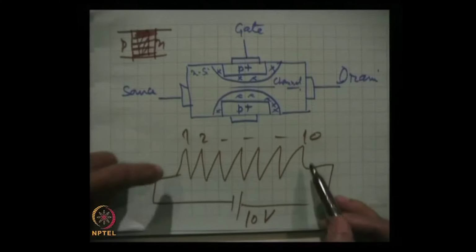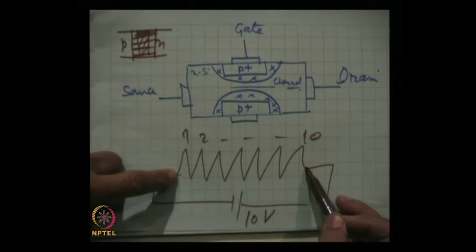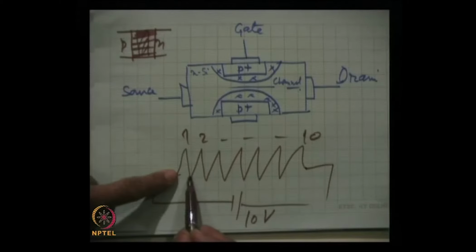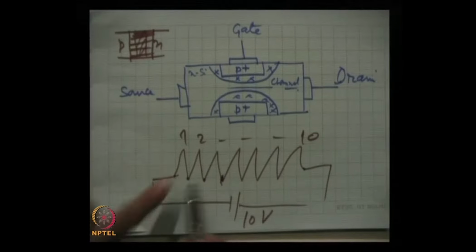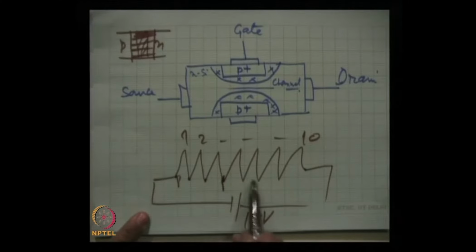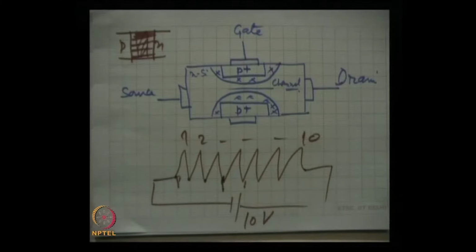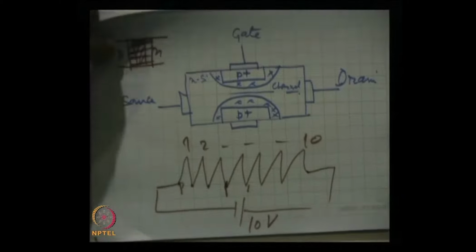If we measure the voltage between these 2 points, it will be 10 volts. If we measure between this point and this point, it will be 1 volt, 2 volts, 3 volts, between this and this 4 volts, and so on, it will go on increasing.